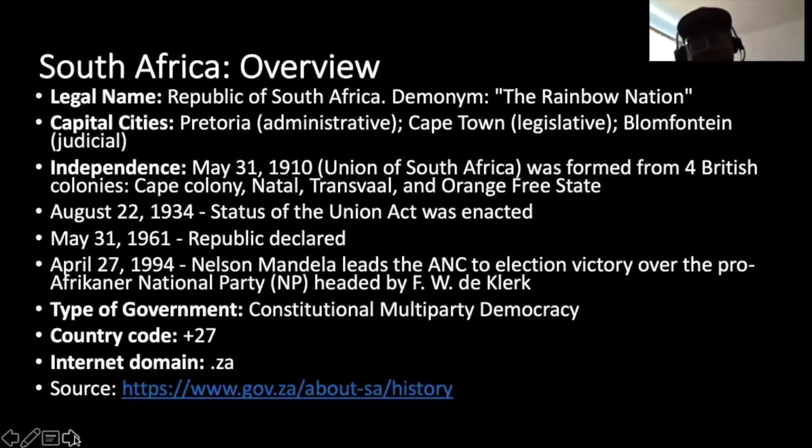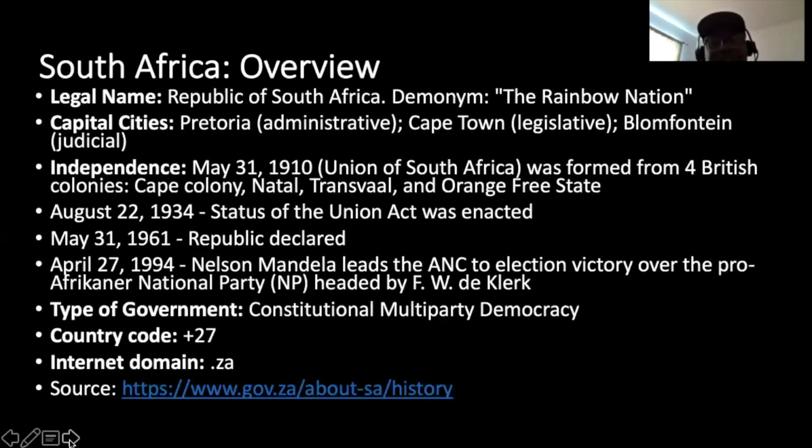But the reason why 1994 is seen as the actual date of independence was the fact that Nelson Mandela, who was imprisoned due to his social activism against the apartheid government led by F.W. de Klerk, who was the president of the National Party at that time, came to practice what is called a constitutional multi-party democracy for the first time.